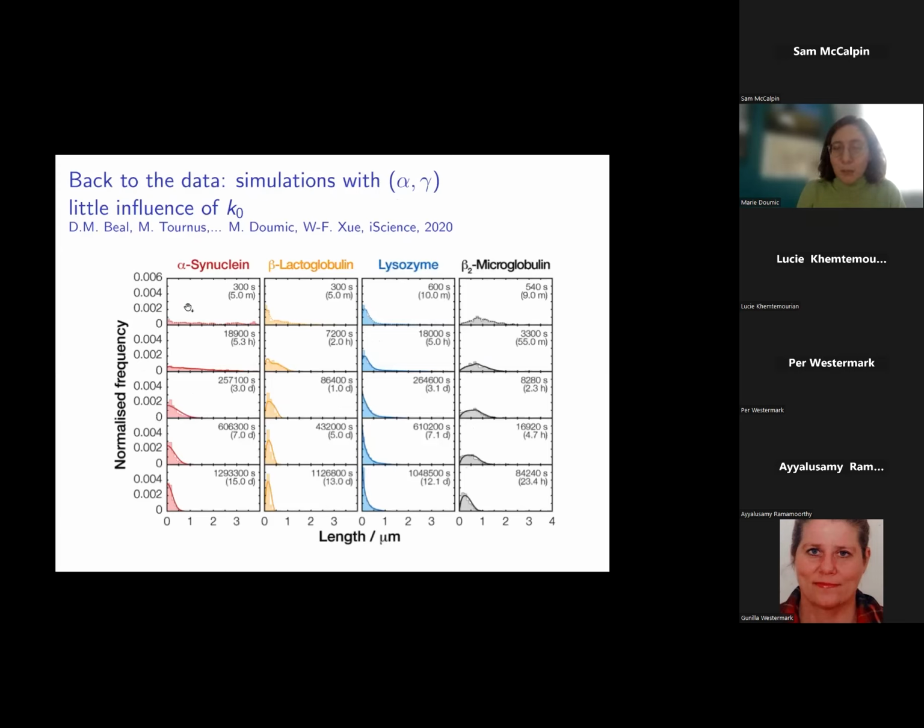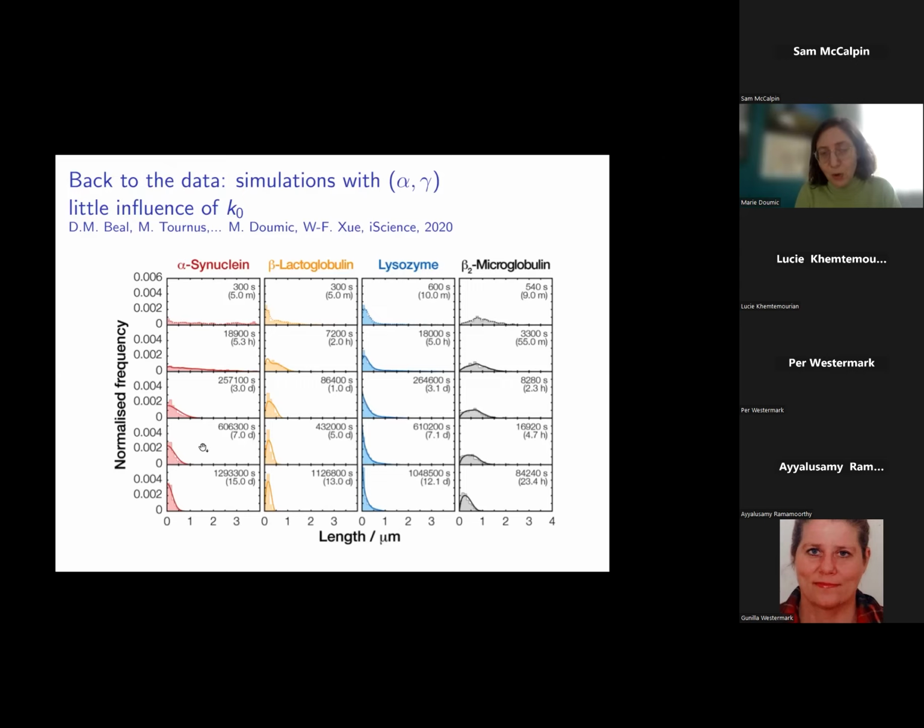And using them, we were able to run simulations. So you see at the very first line, you have the experimental initial distribution of fibrils. We then ran simulations with these parameters, estimated on very little experimental data, only the mean size of polymers over time.